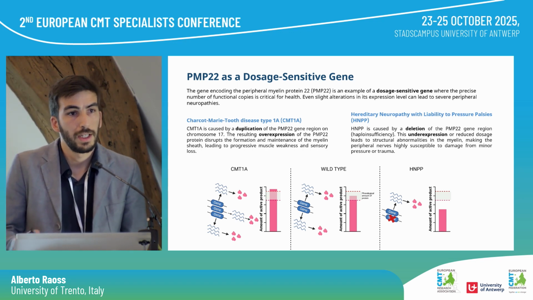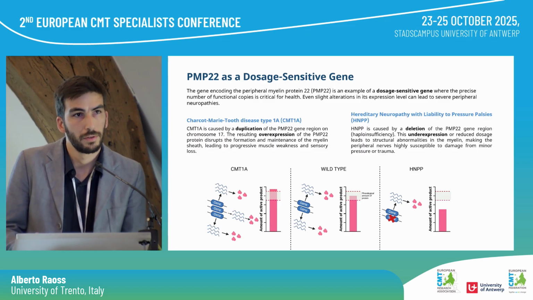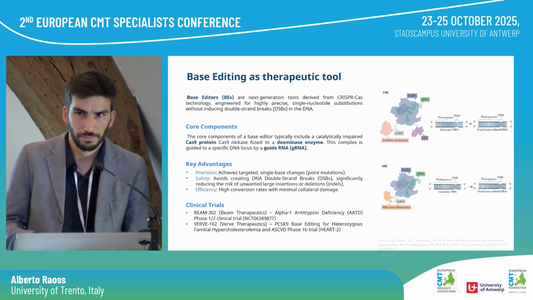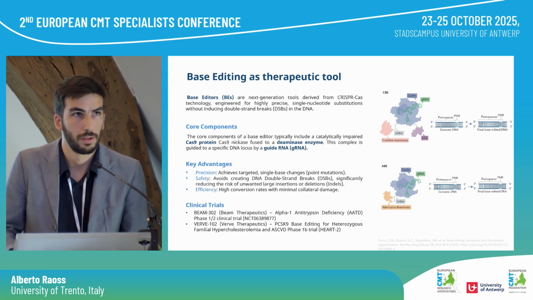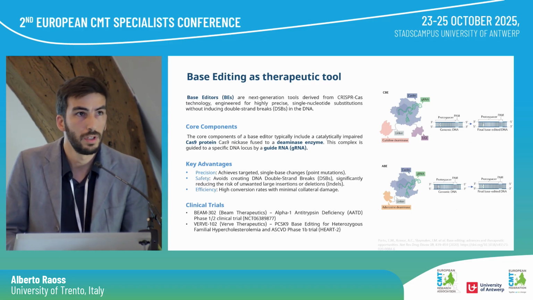So we really need to find a way to decrease the level of PMP22 protein to a physiological condition. And we implemented an approach that is based on base editors. These are new generation CRISPR-Cas editing tools.